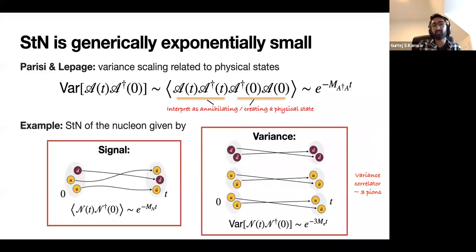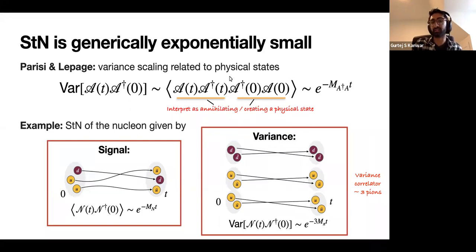And this idea that this signal to noise decays exponentially actually has been shown generically. And it's quite easy to show just by looking at the structure of the operator that we're considering. So if we think of two-point functions as being written as this pair of creation and annihilation operators, the variance goes somehow as O dagger O. And shuffling around where these operators appear to be time ordered, we get that this looks like the creation of some state with 0 quantum numbers and then the annihilation of some state with 0 quantum numbers.